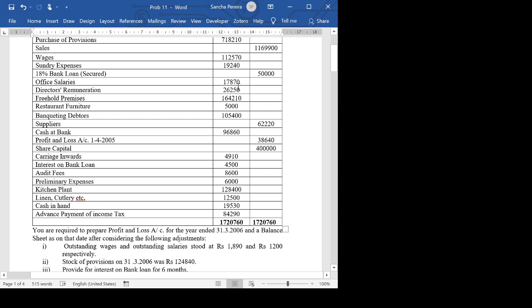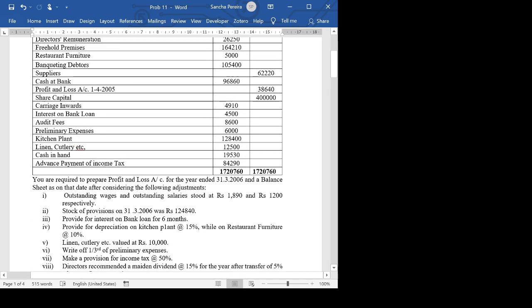Sometimes we call this hidden adjustments. Even though the adjustment is not mentioned, you still need to calculate it, because if you've taken a loan, you have to pay interest. If you've not paid it, it becomes outstanding. So if a percentage like this is given, always check the interest calculation. Not only for problems like this, for any final account problem.